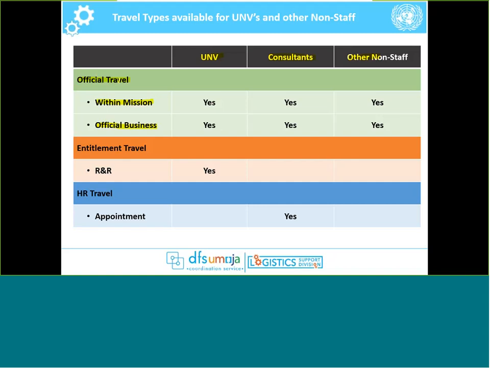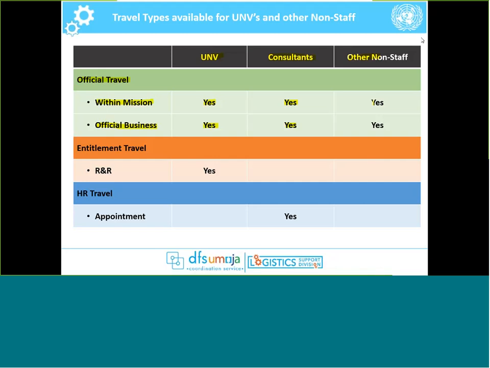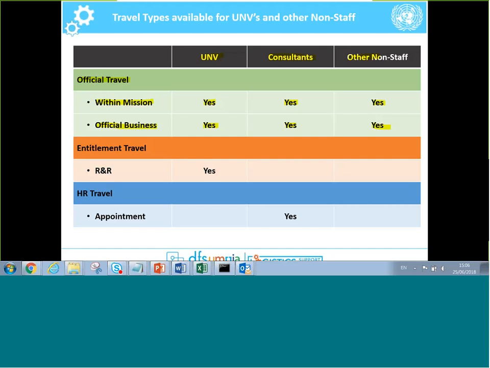Official travel is available for any kind of traveler. So for UNVs, consultants, and other non-staff, you as a travel administrator can raise official travel requests on their behalf. All of them can travel on the official travel category.